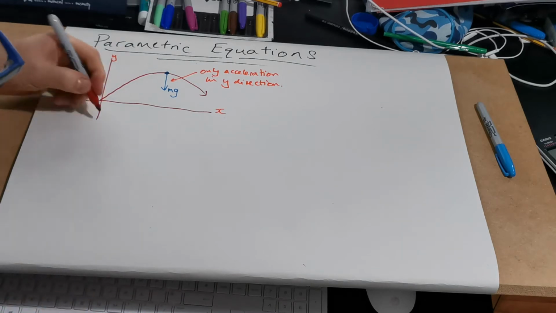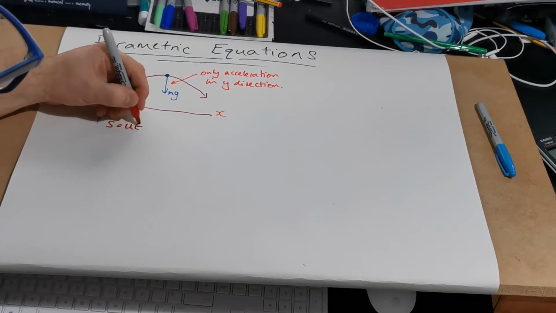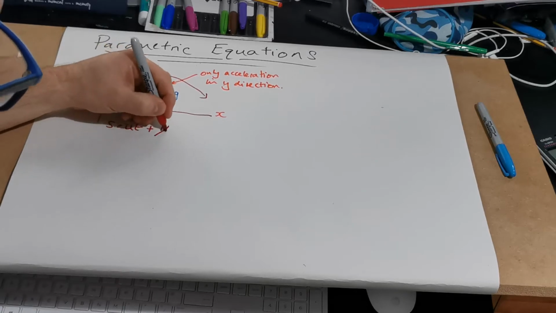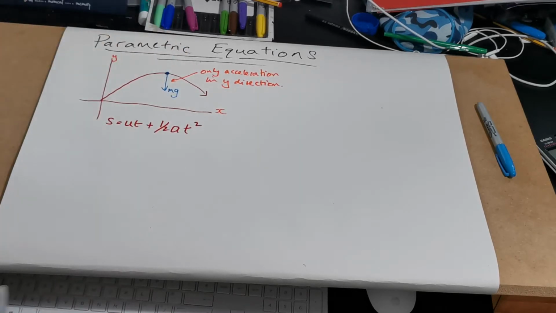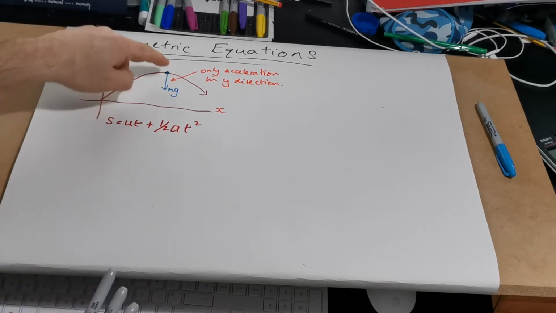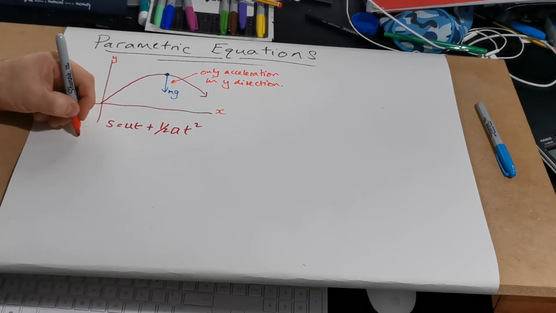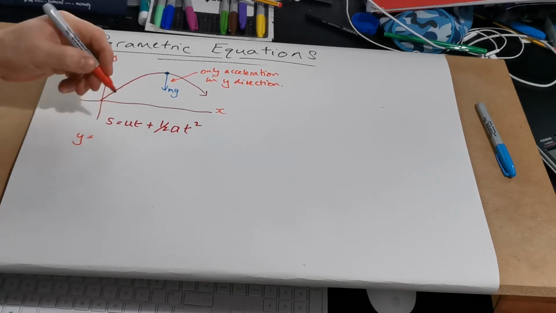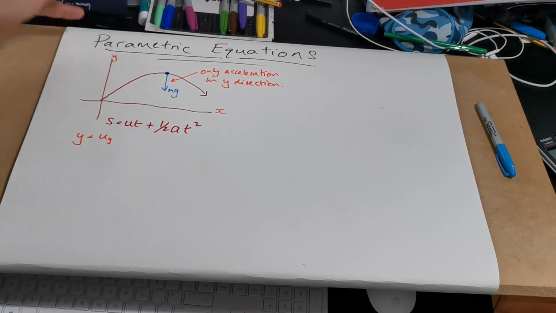So if we think about s equals ut plus half at squared, for the Y, it's got this acceleration due to gravity. So I'm going to say that Y is equal to the vertical velocity times time.